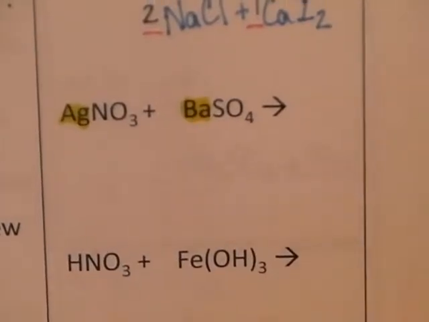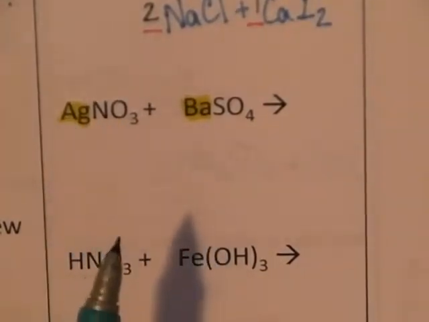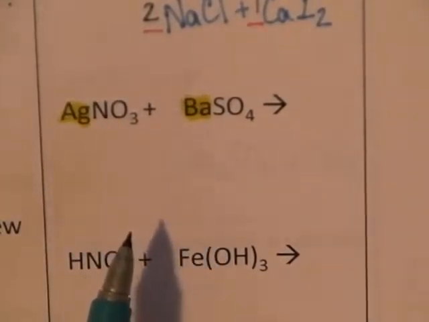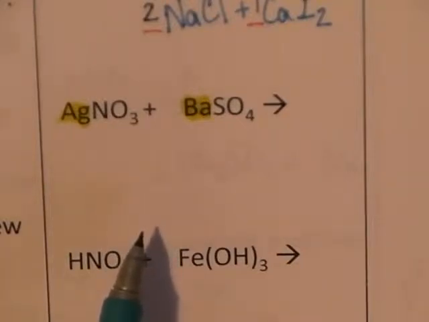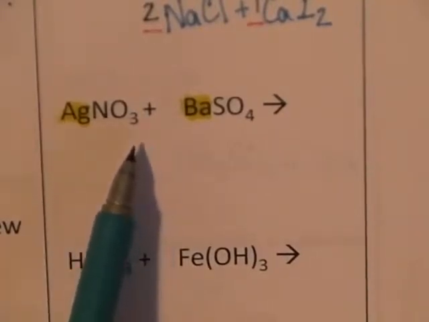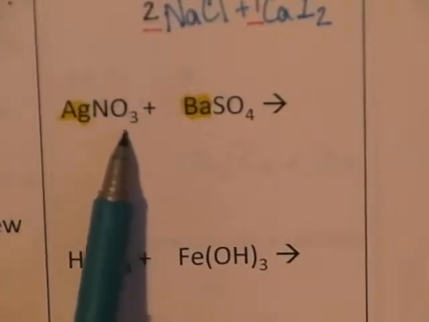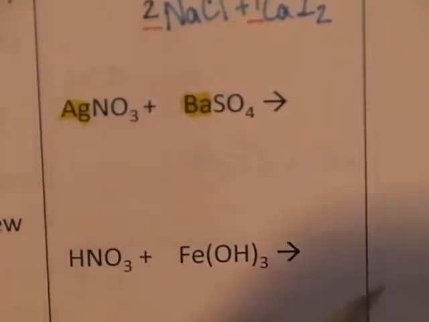Next step, find the charge of each. So, silver, couple of ways, right? Silver is a transition metal. So really, the easiest and most efficient way for you to do this is just to uncross, right? We know this NO3, that's nitrate. What charge does nitrate usually have, or does it always have?